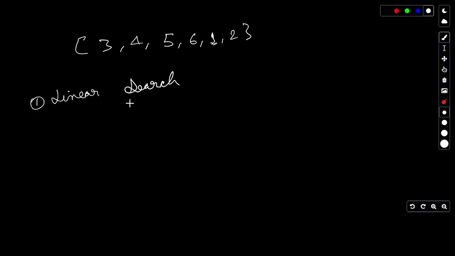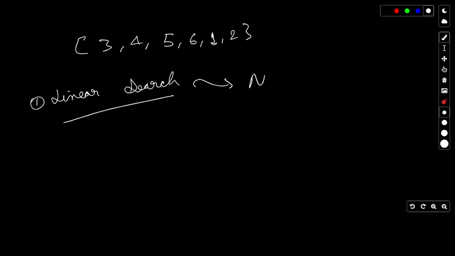1 2 3 4 5 6. So within this array I need to find the minimum element, right? How can we do so? The very first approach to this problem is linear search. But is it the most optimal approach?